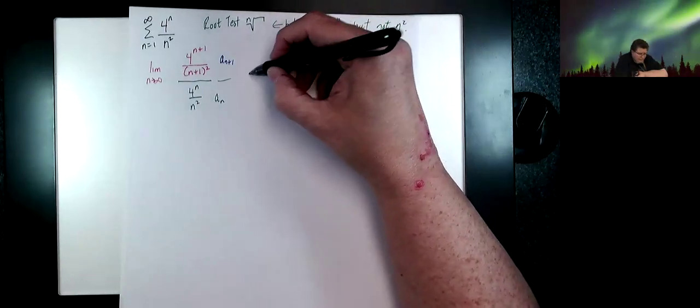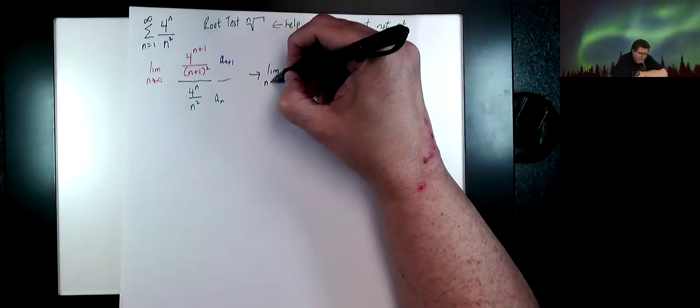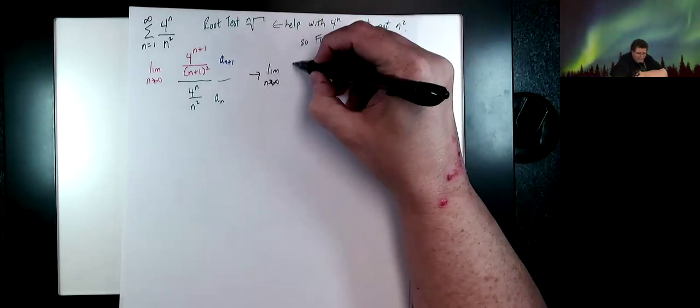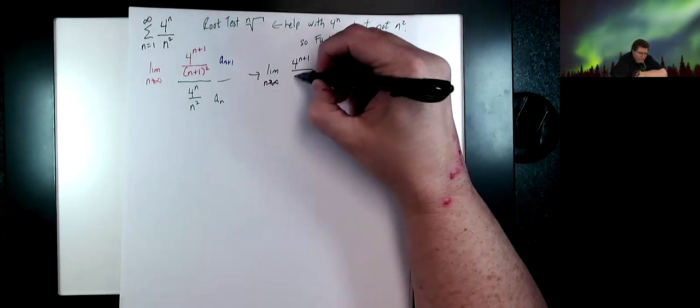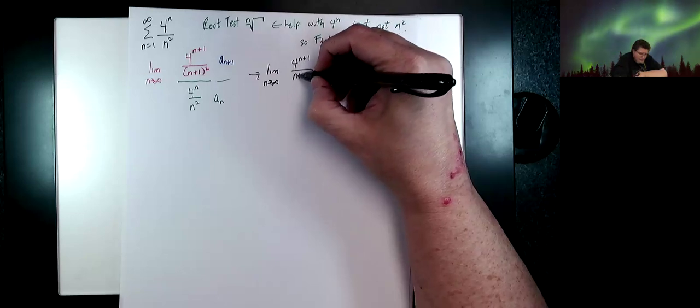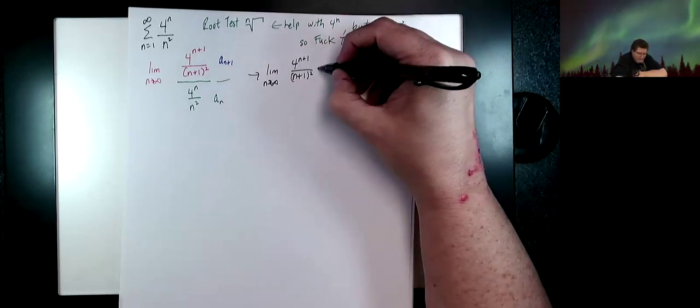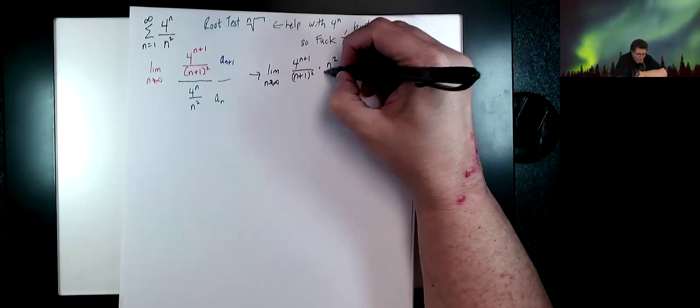So I will have the limit as n goes to infinity of 4 to the n plus 1 over n plus 1 squared, times n squared over 4 to the n.